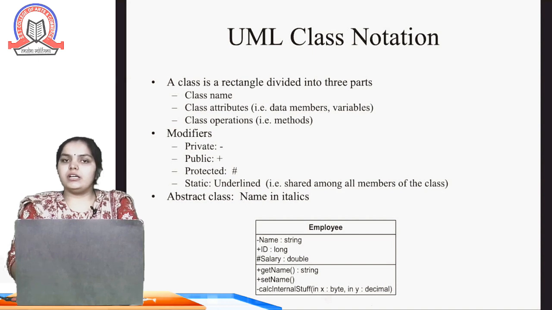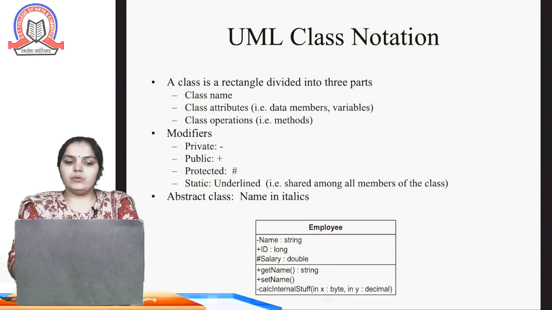Then UML class notations. A class is a rectangle divided into three parts. You can see the example in this slide where we have given an Employee class.